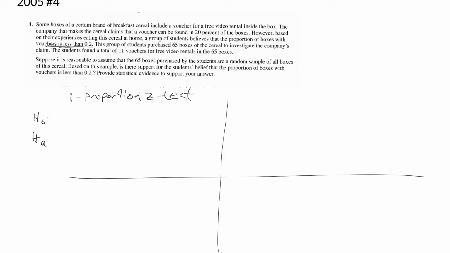Now remember, in the null and alternative hypothesis, the null hypothesis is the statement of what has been set as the established standard. In other words, the statement of no effect. In this case, the true proportion of cereal boxes containing vouchers is 0.2.